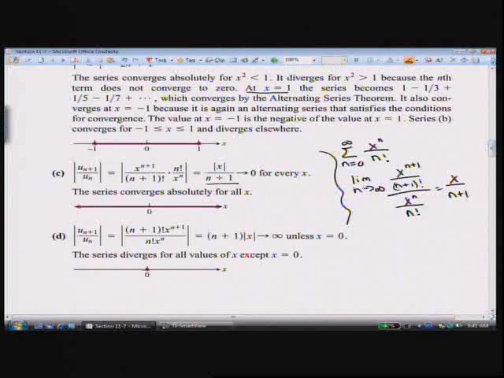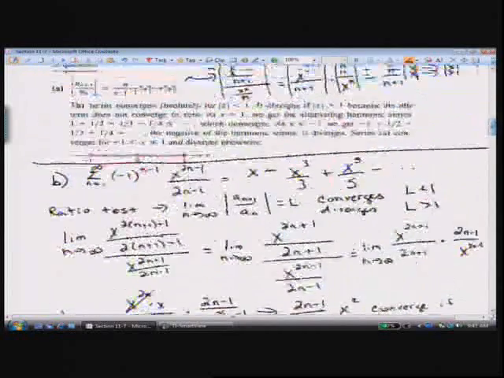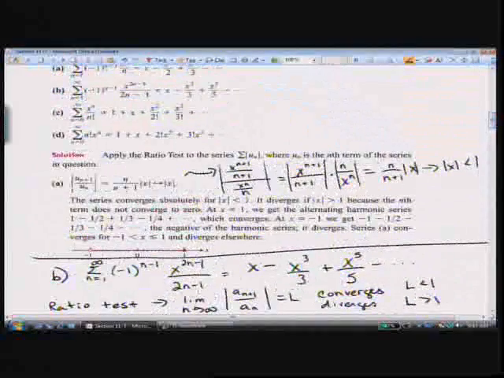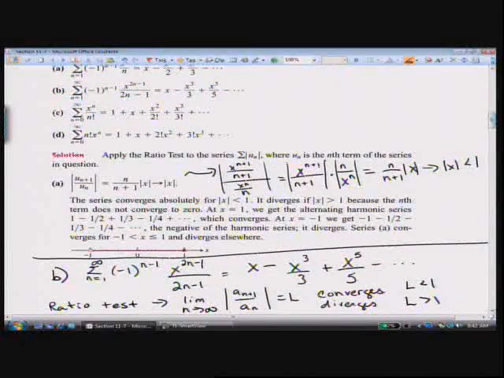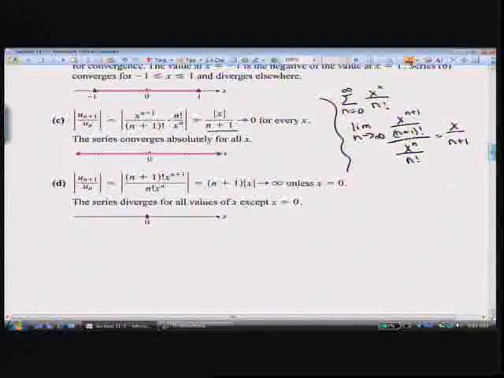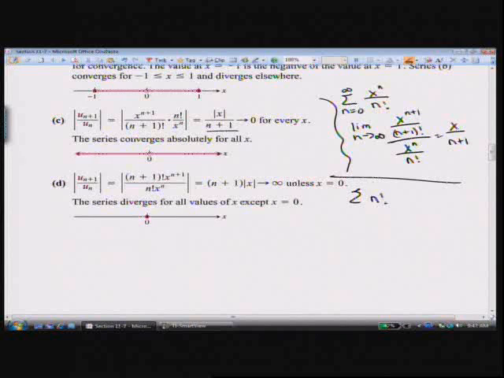All right, and then finally, the last one that they look at was n factorial times x to the n. That was the series n factorial times x to the n. You can probably imagine that that one's going to be like what they have here. Here's what they get: n plus 1 factorial over n factorial.